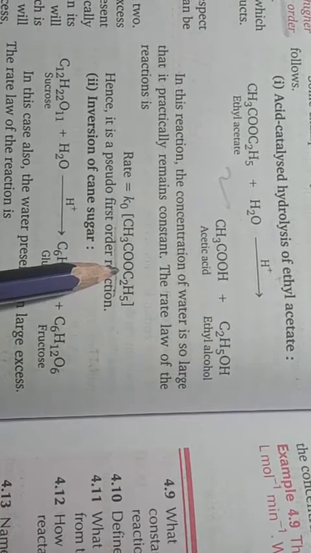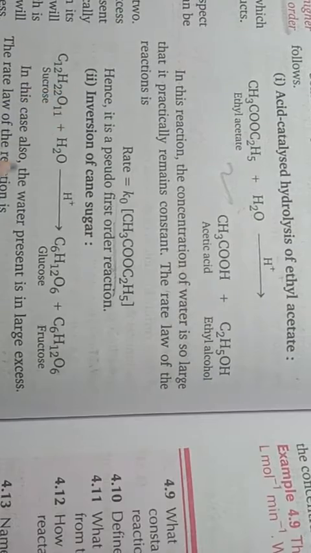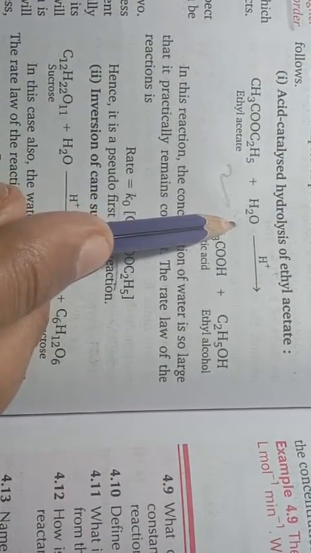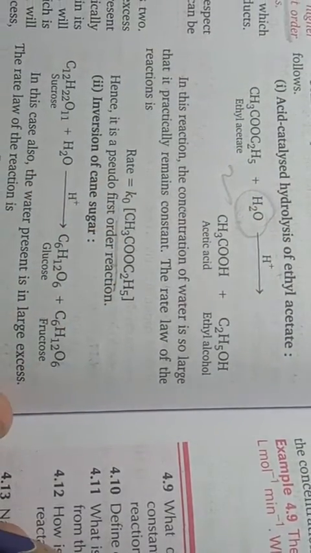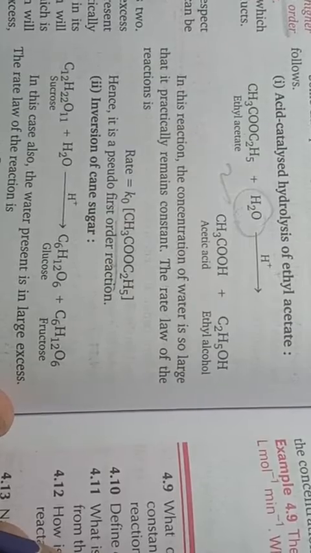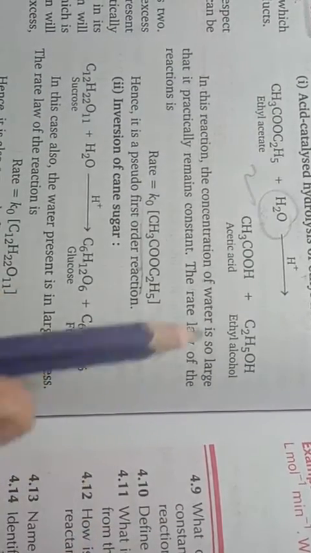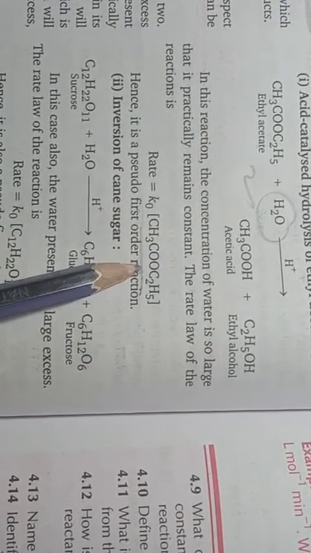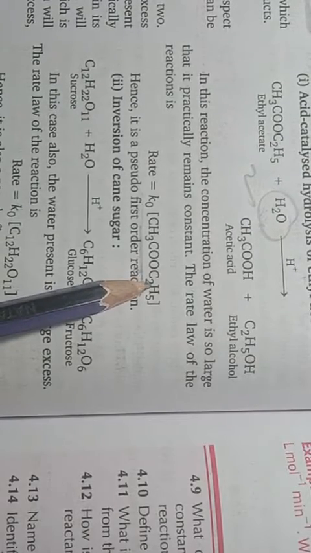Only the ester term is there in the rate law. Why is water not there? Because water is present in a huge amount in the medium. So the concentration of water will not change with the reaction. It will remain almost constant. That is why it is not present in the rate law of the reaction. So the order of the reaction will be 1.